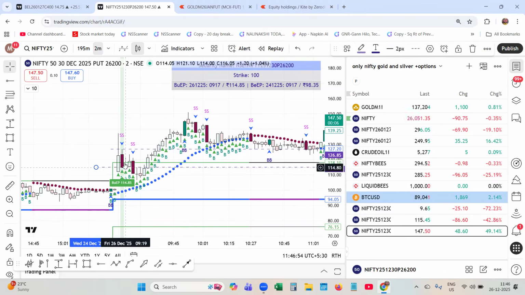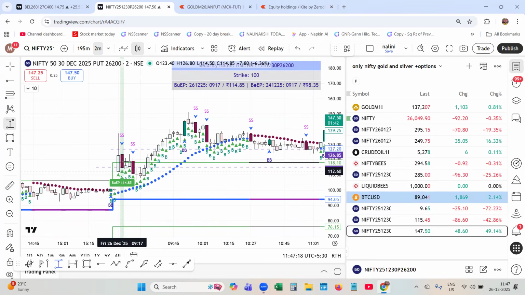So what I do is I mark the high and low of the episodic pivot candle. Why has this episodic pivot candle been generated? It has been coded that when the price is 8 percentage more, this will be triggered.